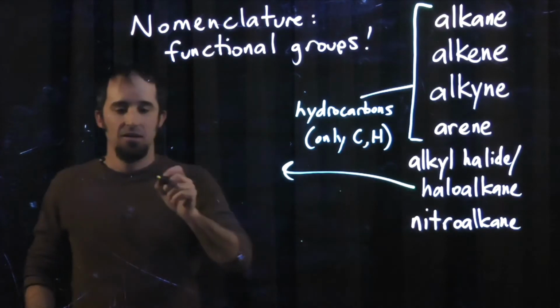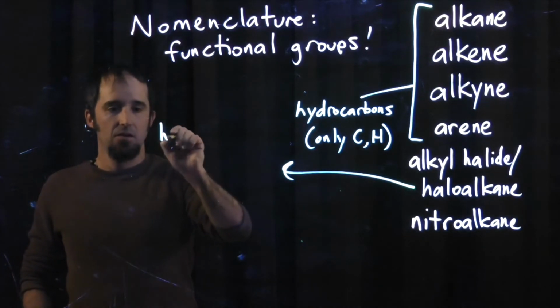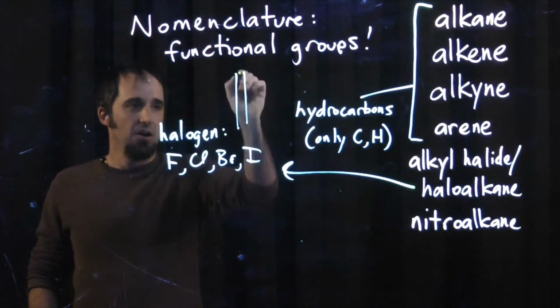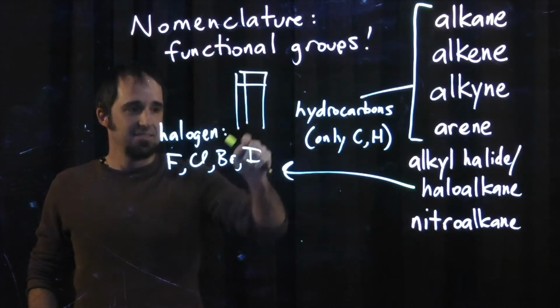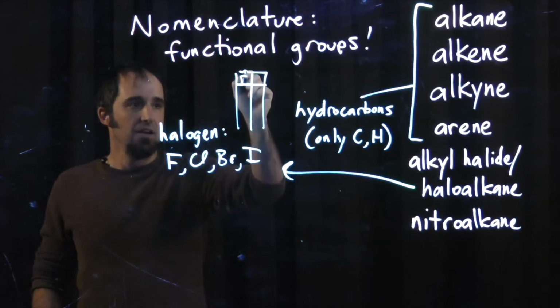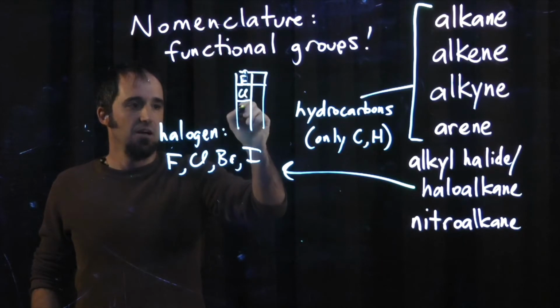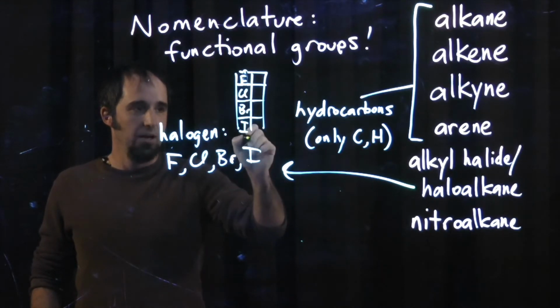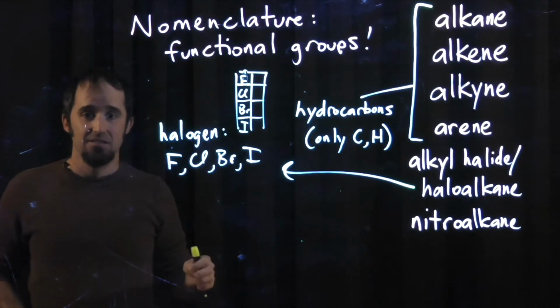Alkyl halides are simply, reminder, a halogen. Halogens are that second to last row in the periodic table, right? F, Cl, Br, I, the one below it that's made up. So these are halogens.